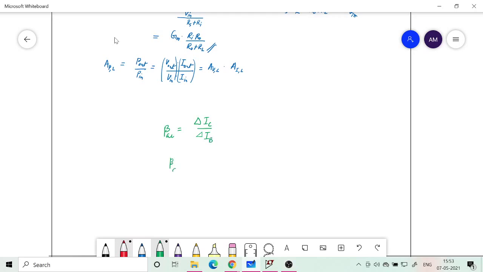The beta DC is basically IC by IB. So this is the difference. What we just now found out is beta AC, and beta AC depends upon the bias operating point. So it slightly changes depending upon what the DC voltages and currents are in the circuit where you make the fluctuations.